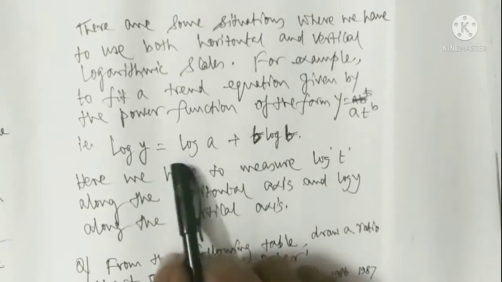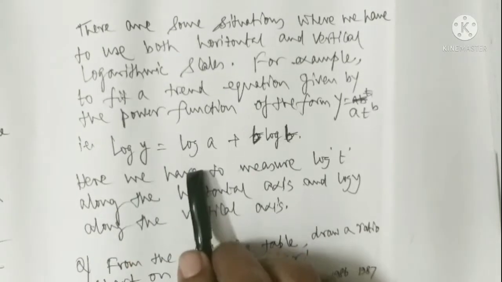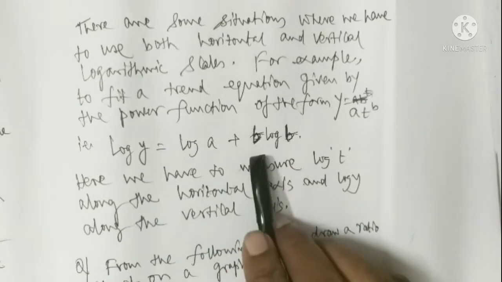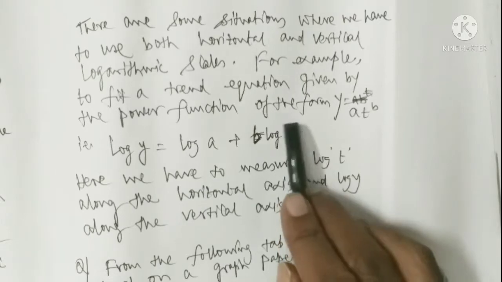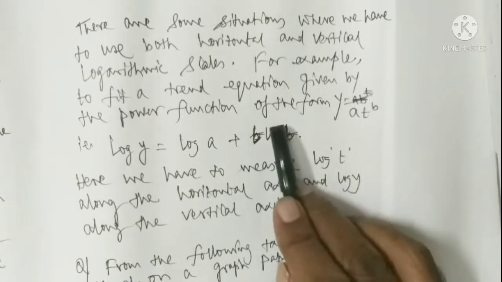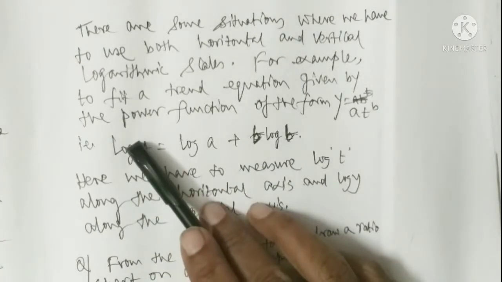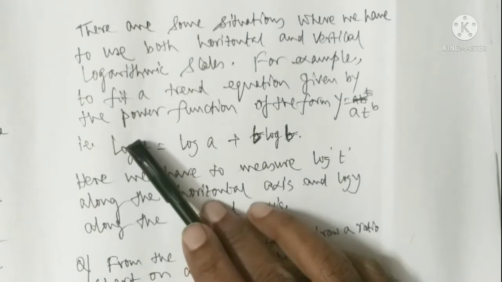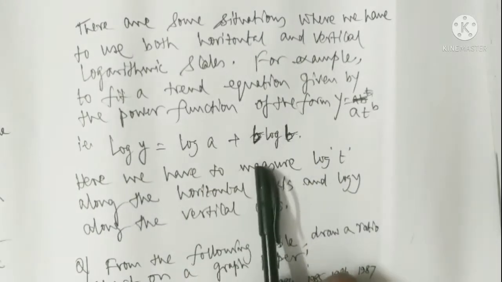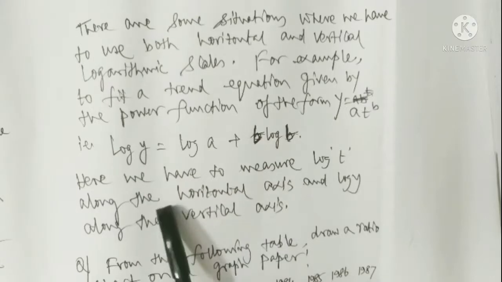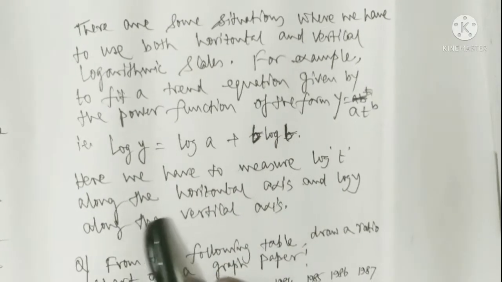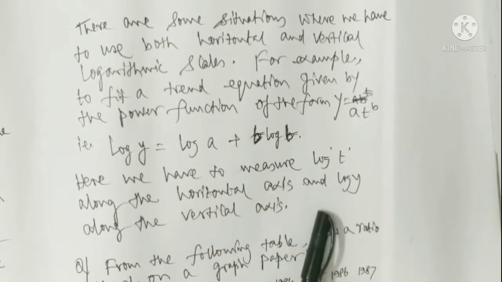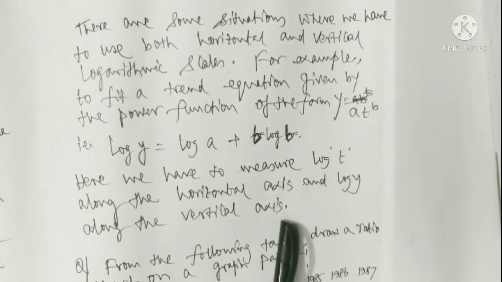In this case we arrange it as log y equal to log a plus b log t. That is, log t is independent, log y is dependent. In the previous structure, it was only t versus log y. In the present structure, it is log t versus log y. Here we have to measure log t along the horizontal axis and log y along the vertical axis.